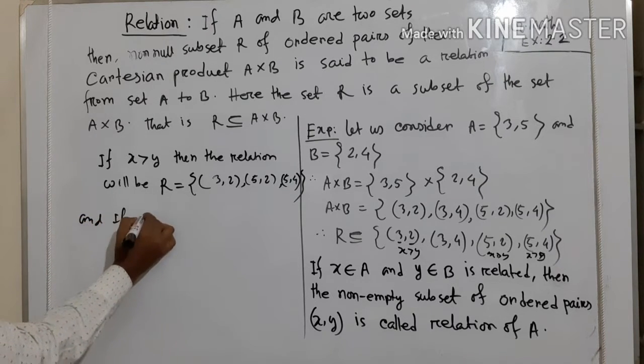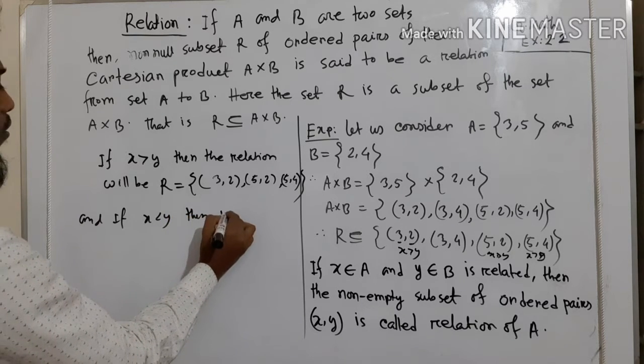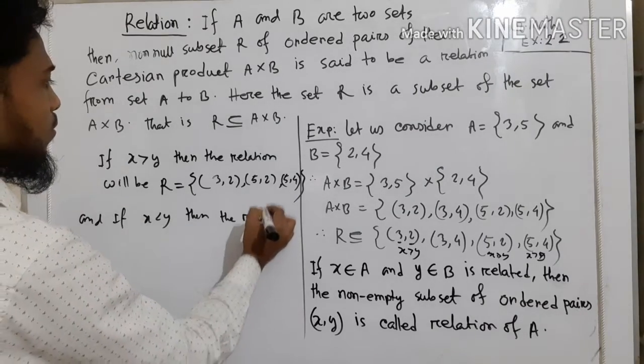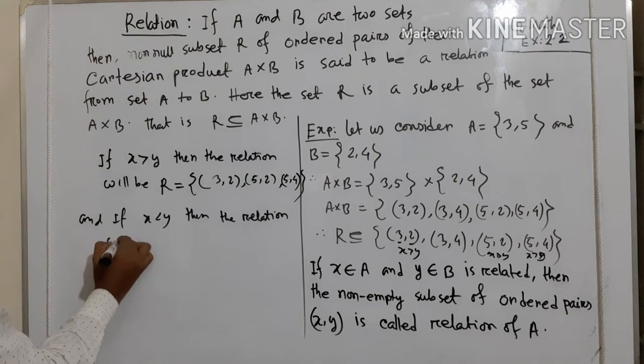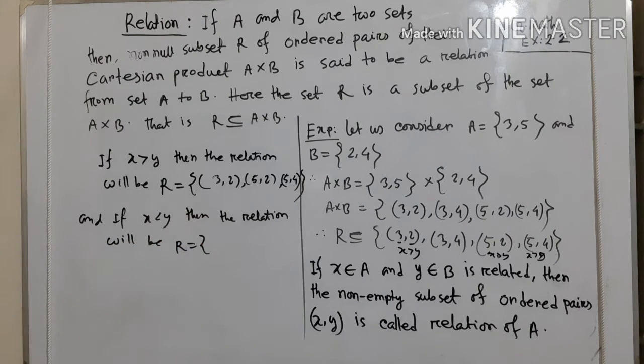And if x is less than y, then the relation will be R equal to, here x is less than y.